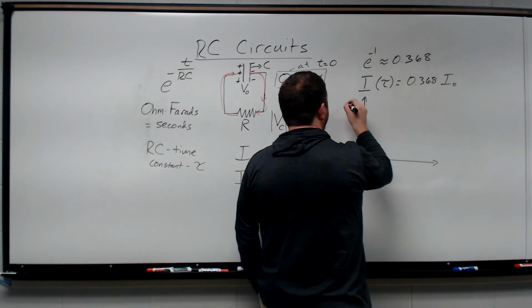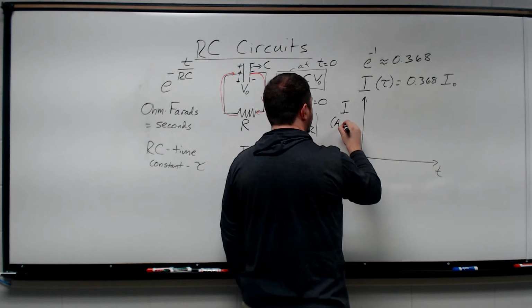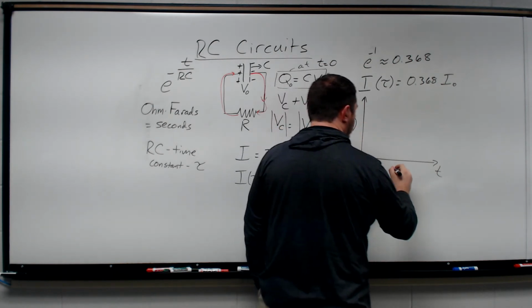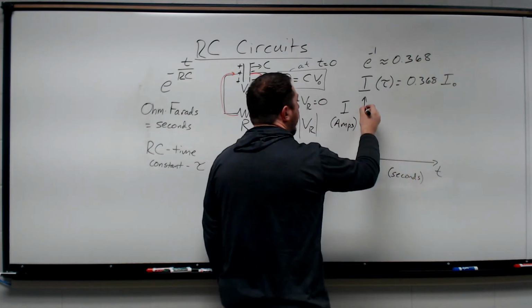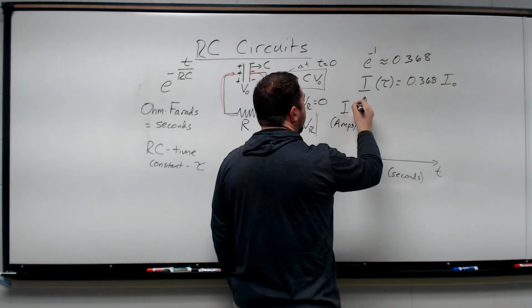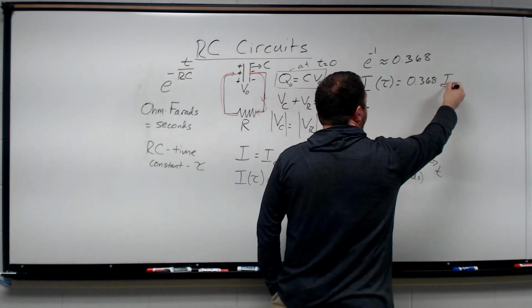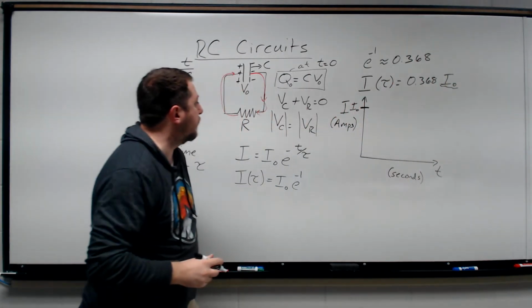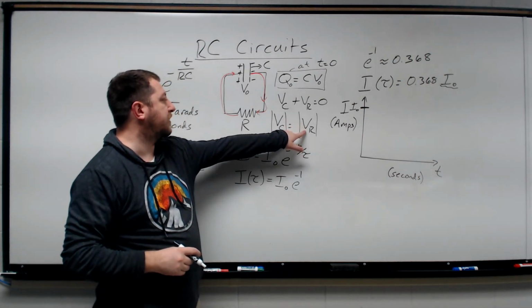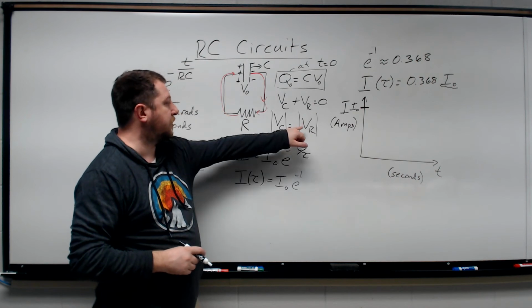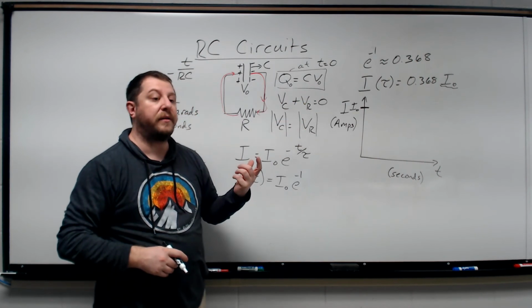Okay? So if I plot my current as a function of time, right? My current starts at some initial value, I naught, and I naught, remember, is going to be the initial voltage across the resistor, which will be V naught, divided by the resistance.